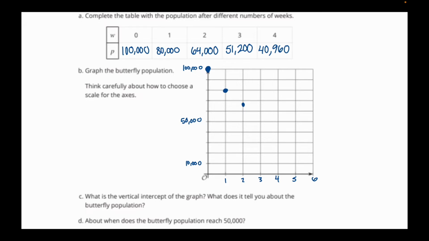Three weeks is 51,200, so we're just going to be above the 50,000 mark. And then we're going to be at 40,960, so about here.